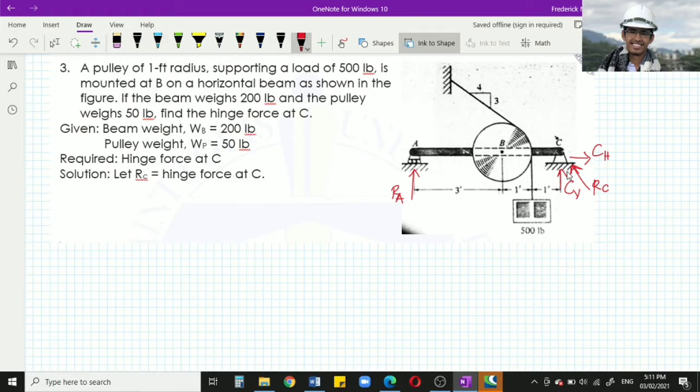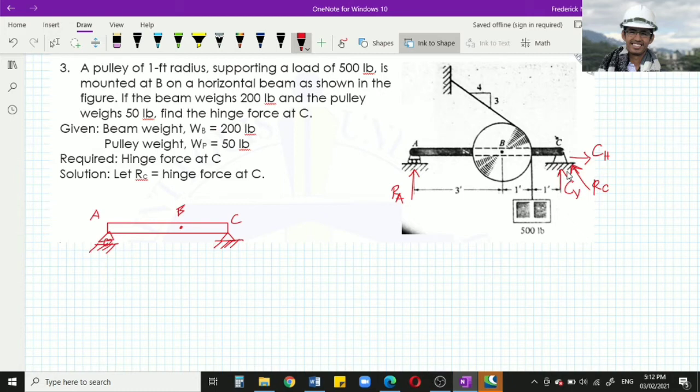So kung ito yung beam natin, ito roller, ito is pin yung atin, and yung point B natin, so A and C.